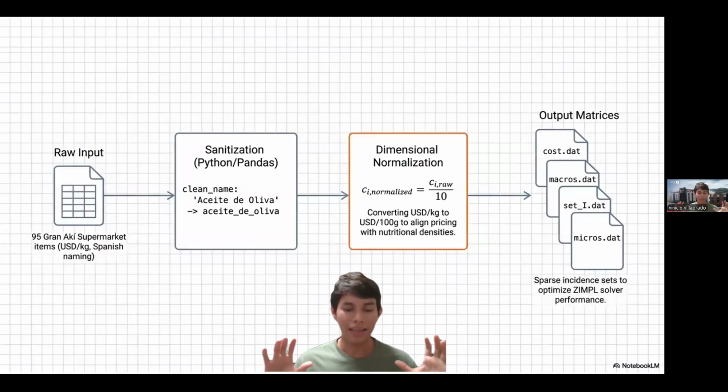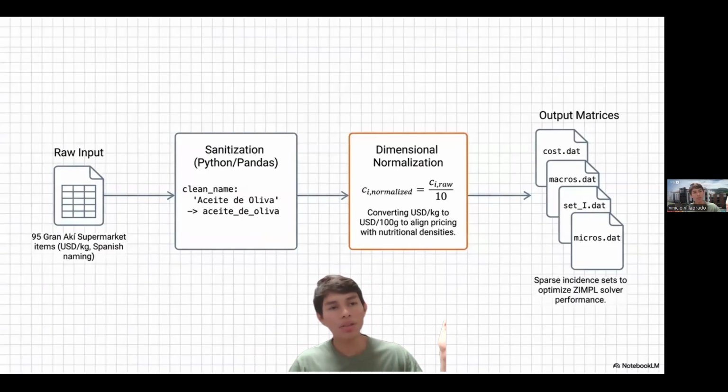Okay, that's the description of the case. Now, how did I work with that? Well, I went to the Grand Aki supermarket web page, and I looked for the items that caught my attention. I created a dataset.